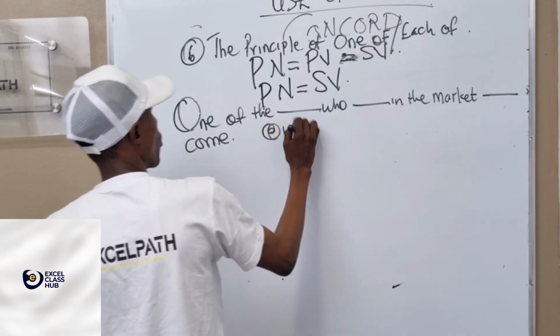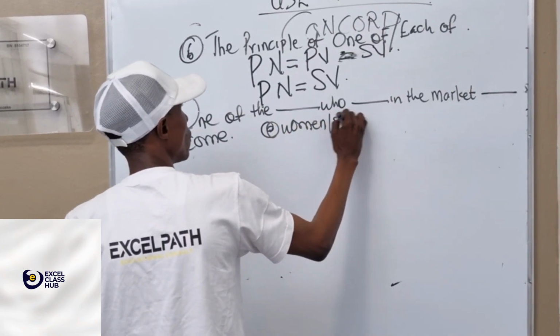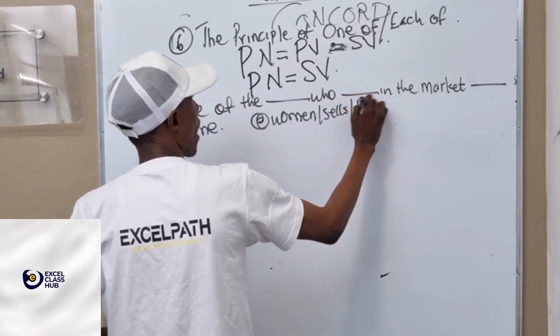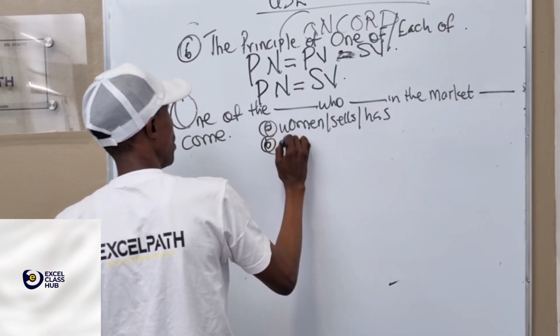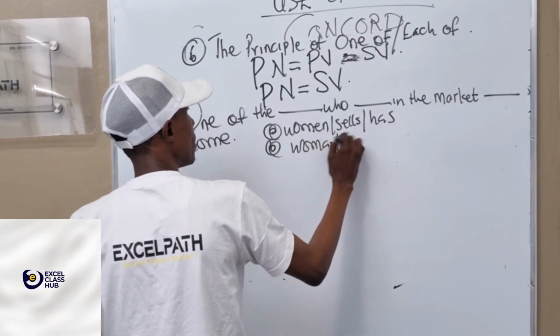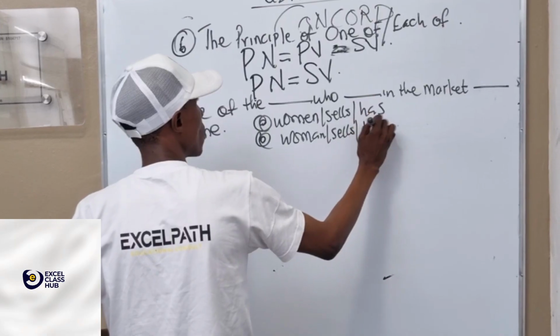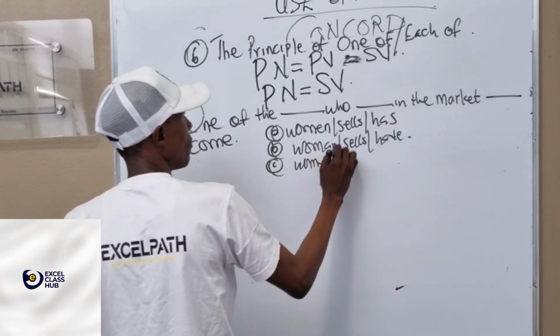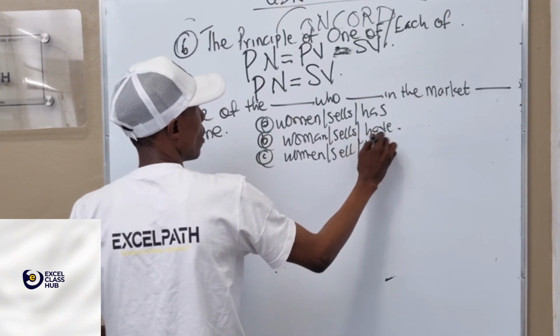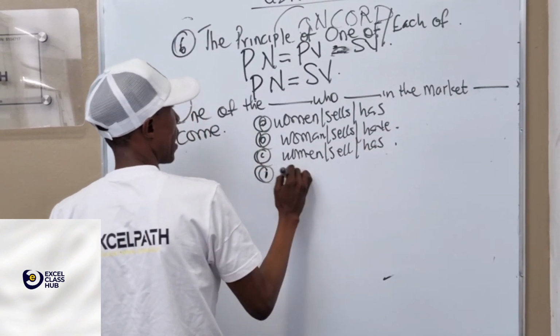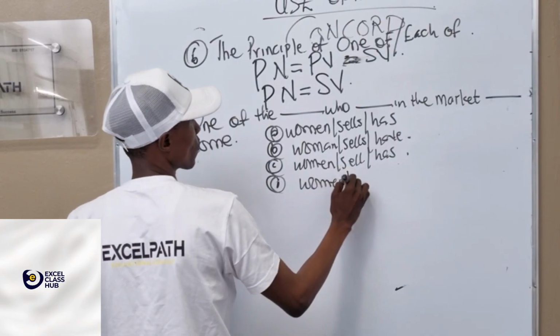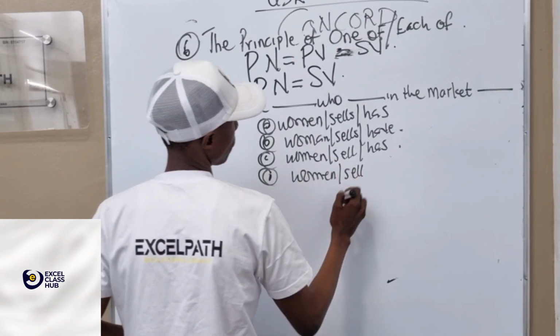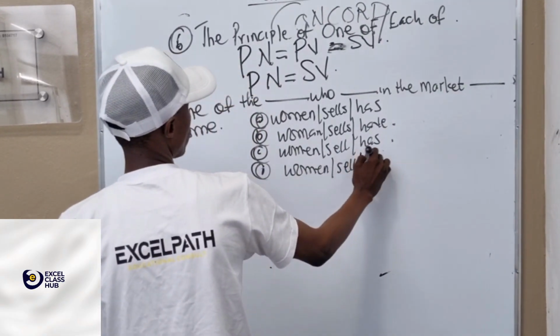A, women, sells, has. B, woman, sells, have. C, women, sell, has. And finally, D, women, sell, and have.